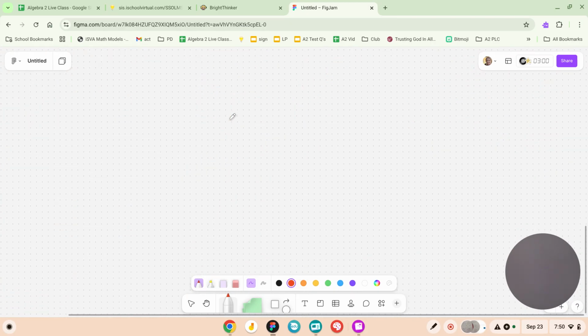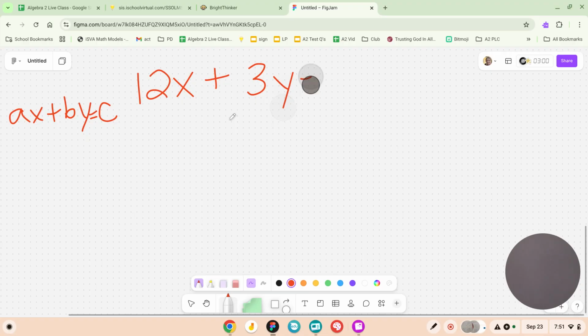So that was just one strategy, and then you would actually just solve for x or solve for y at that point. Okay, moving forward, we've got some equations that are in standard form, which means ax plus by equals c. They're given to us in this format. Here's my example, 12x plus 3y equals 24. What you're supposed to be able to do is simply put this into slope-intercept form.